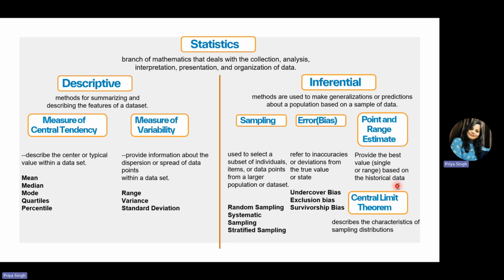Wow, that was a lot to cover, but don't worry, you will get the hang of these concepts with practice and in subsequent videos that I will be creating on each and every topic in a broader sense. Statistics is all about understanding and interpreting the data to make informed decisions, and these concepts are just the foundation. So it's very important to understand these words: what is statistics, what is descriptive, what is inferential.